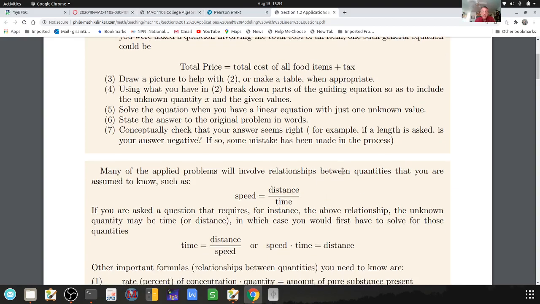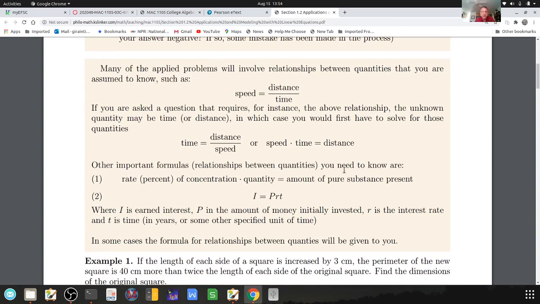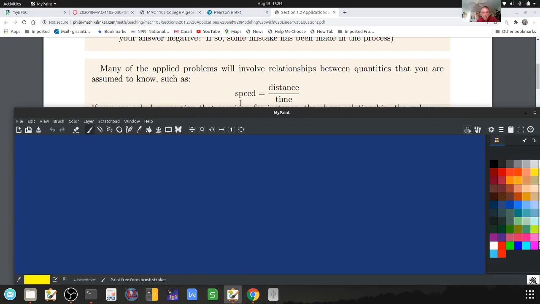Here are some of the general guiding equations that we're going to be using. Speed is equal to distance over time. I was just watching old episodes of Jeopardy, and this very equation appeared.